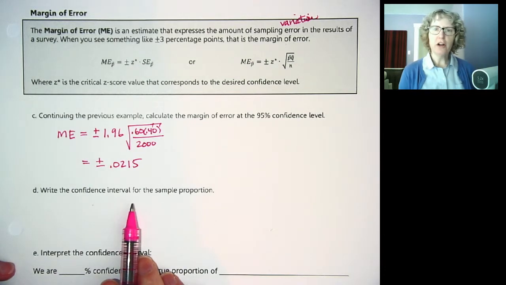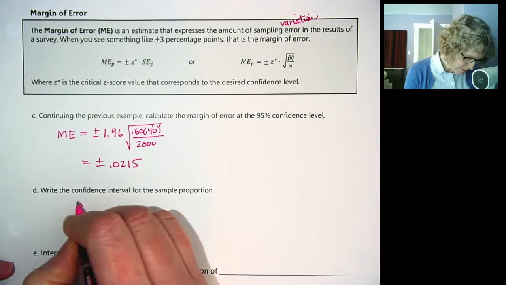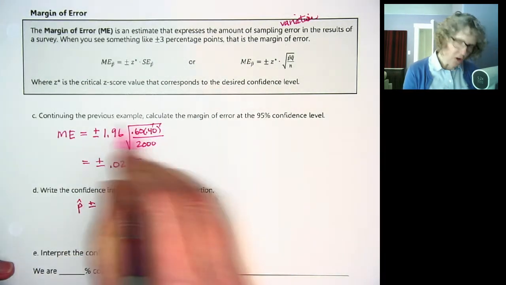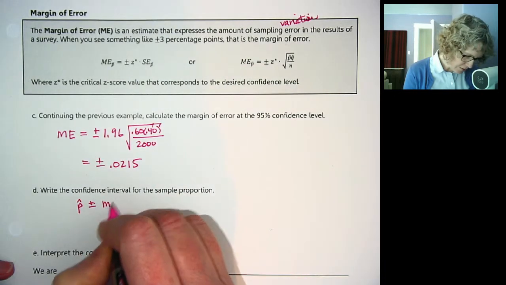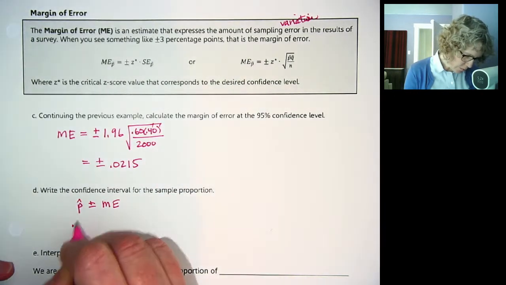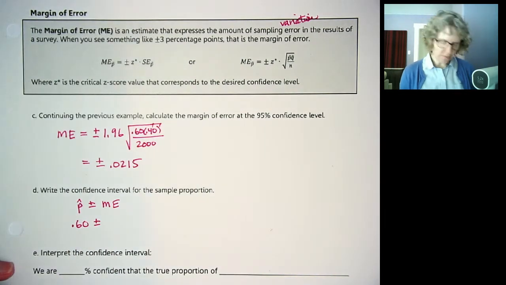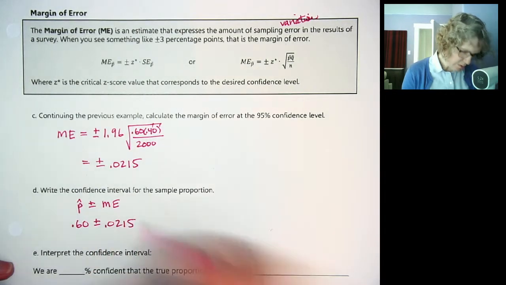Now we can do our confidence interval because we have our p hat plus or minus all this, right? So p hat plus or minus the margin of error. So we had 0.60, that was our sample proportion, plus or minus 0.0215.